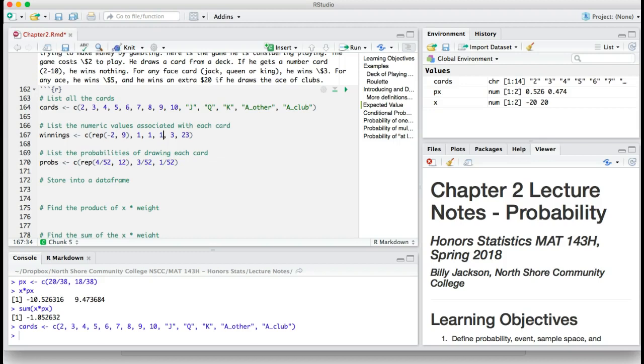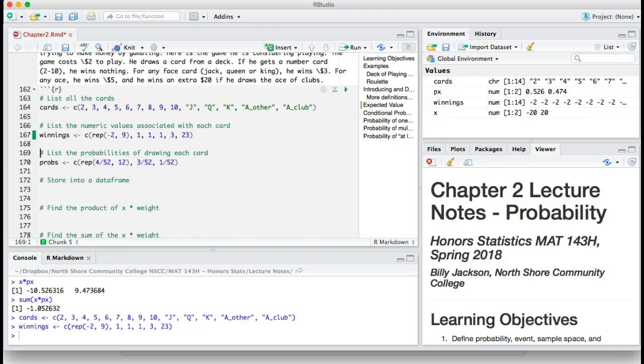If you draw an ace, you're going to win $5. So for ace other, I put a $3 net outcome because you paid $2 to play and you win 5, so that's a net outcome of 3. And you win an extra $20 if he draws the ace of clubs. So that's a total of $25 for drawing the ace of clubs, but you paid $2 to play, so the total is $23. So I'm going to store this vector winnings into our environment.